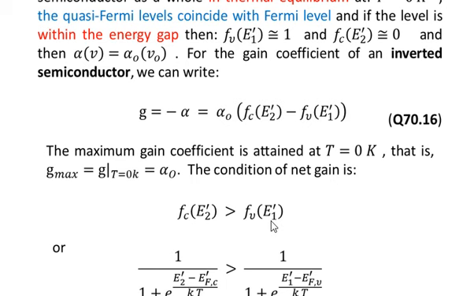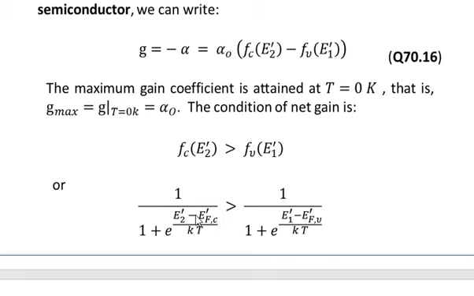So the conduction band has a majority of carriers. In terms of their full expressions, we are writing them as 1 over 1 plus e to the power E2 prime minus E prime Fc divided by kT, and similarly the same relationship for the other quantity. And there is a greater than sign between the two expressions.